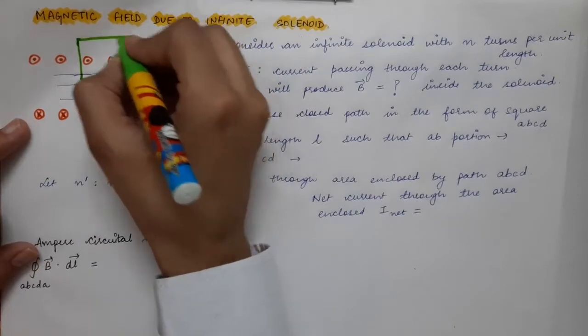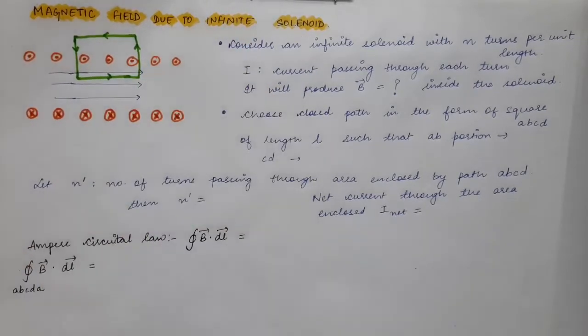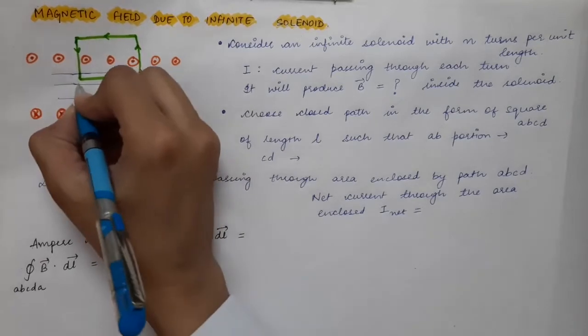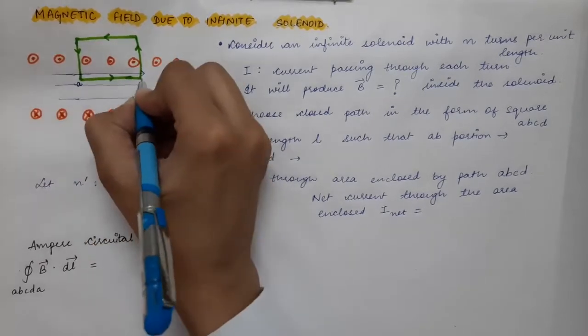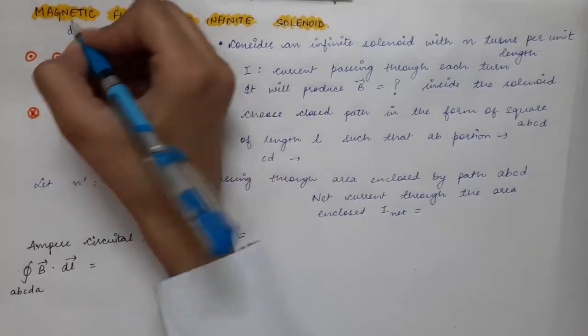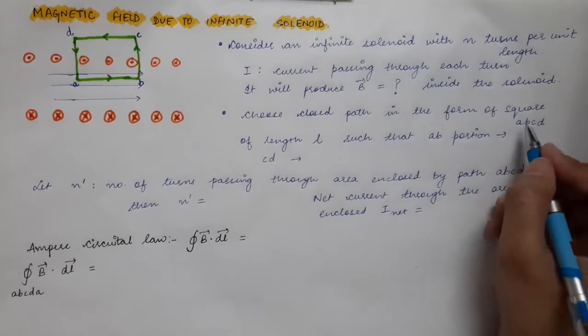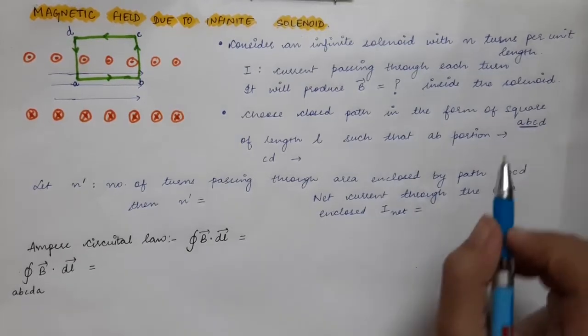And let's say that we are moving in the anti-clockwise direction in this closed path. Now let's denote this point as A, this point is B, this one is C, this one is D.